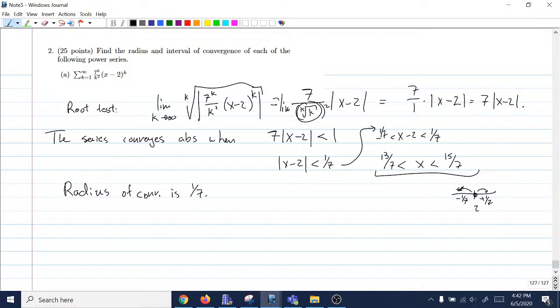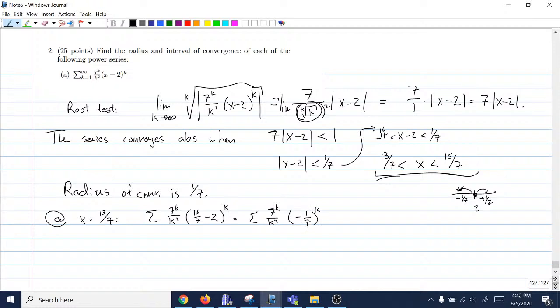To find the actual interval of convergence, I know it's going to be from 13/7 to 15/7, but I don't know if it actually converges at those. I need to test those individual points. So what's happening at x equals 13/7? This sum turns into the sum of 7 to the k over k squared, 13/7 minus 2 to the k. 13/7 minus 2 is negative 1/7.